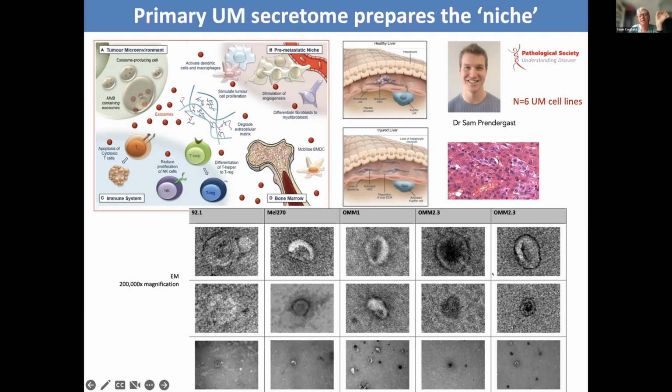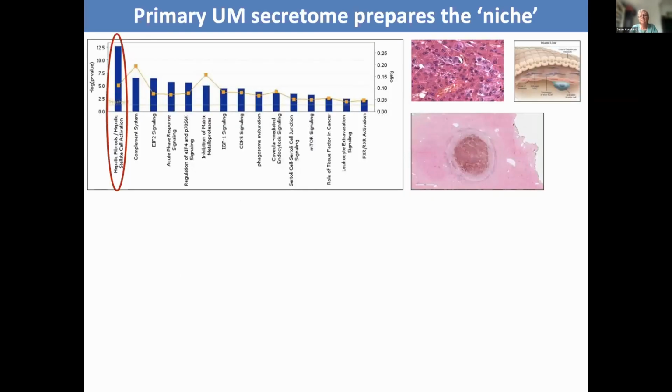And so Sam looked at various uveal melanoma cell lines and could isolate these exosomes using electron microscopy. And you can see that they have almost like an erythrocyte disciform shape, and they are produced by not only the uveal melanoma cell lines, but also by the primary cell cultures. He then went on and examined the content of these exosomes using a variety of different proteomic techniques.